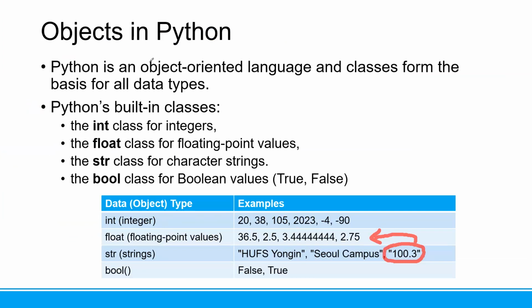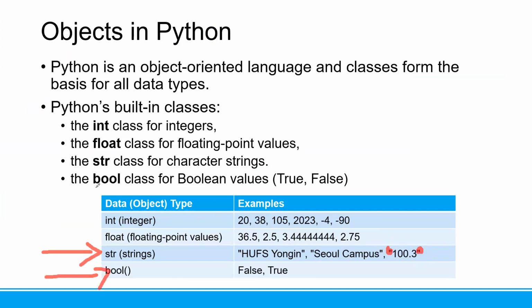It is because it is between the double quotes. Because there is a double quote here and a double quote here. Everything in between the double quotes will be considered as a string. Okay.